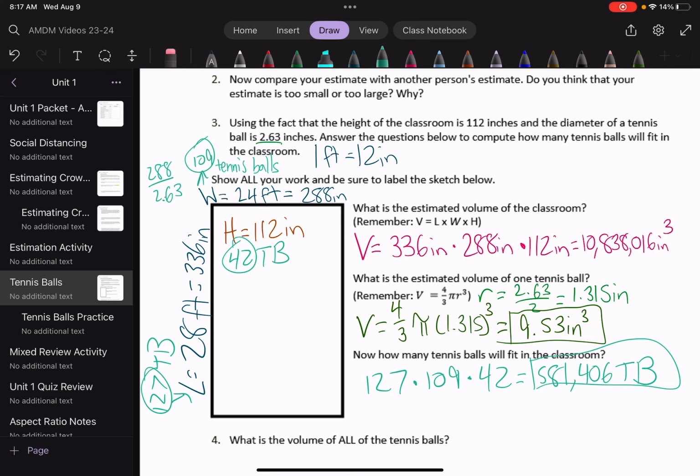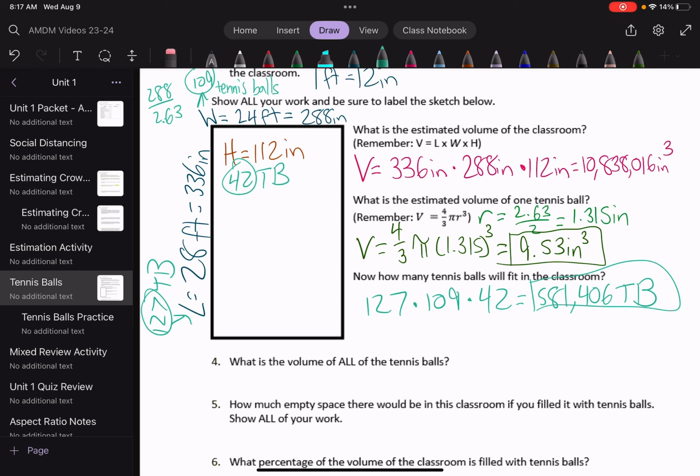Now I need to find the volume of all of these tennis balls. All right, well, I know that the volume of one tennis ball is 9.53 inches cubed, and I know that I can fit a total of 581,406 tennis balls within the classroom. All I have to do now is multiply to get the total volume here. So my volume of all the tennis balls is the volume of one tennis ball, 9.53 inches cubed, multiplied by the total amount of tennis balls, 581,406.